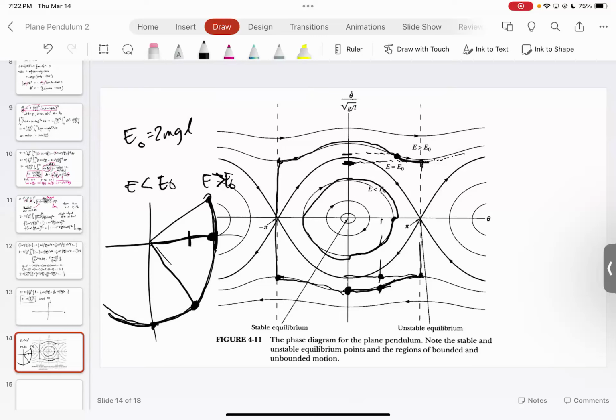Now, I hope na mas ma-appreciate niyo yung phase diagram, kasi if you understand it enough, it will really tell you kung ano yung magiging behavior ng system. Okay? Now, ang mas interesting is pag meron ng randomness. Okay?